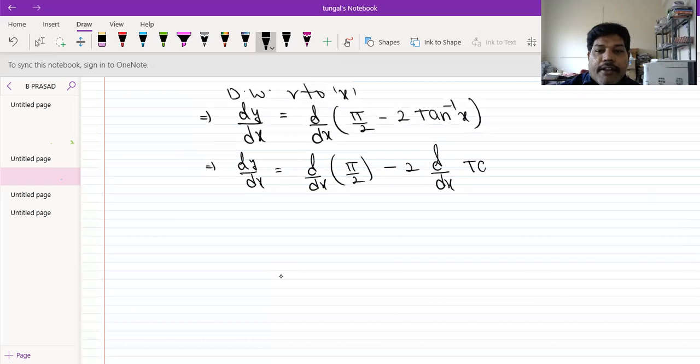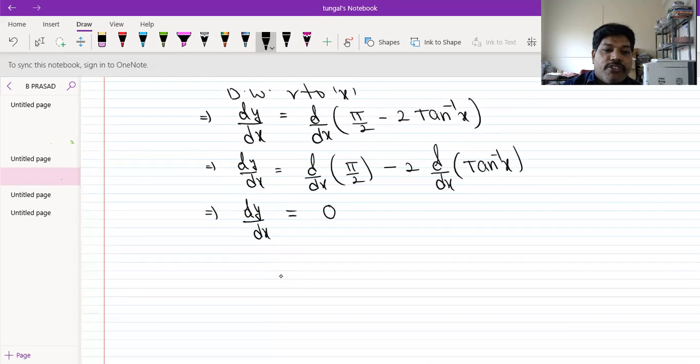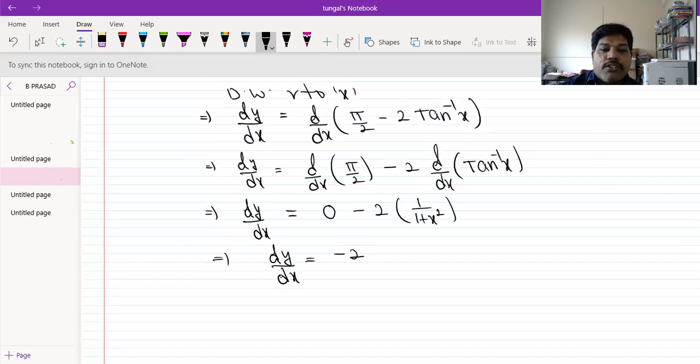The derivative of pi by 2 is 0, minus 2 into the derivative of tan inverse x, which is 1 by 1 plus x square. Therefore dy by dx is equal to minus 2 by 1 plus x square.